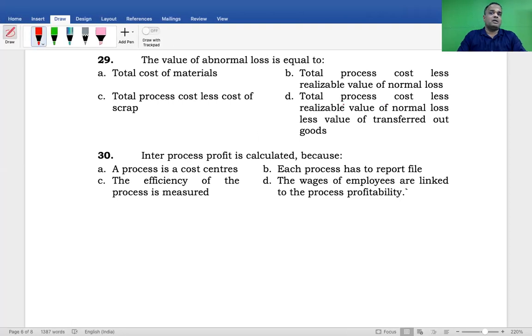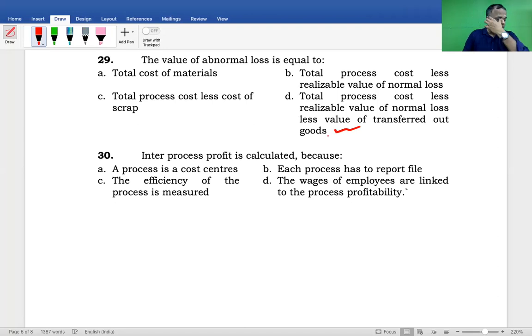Whether output is transferred to the next process or it is abnormal loss, you value it at cost per unit only. Therefore the answer is the total cost less realizable value of the normal loss less value of transferred goods. D is the option. Are you with me or not?